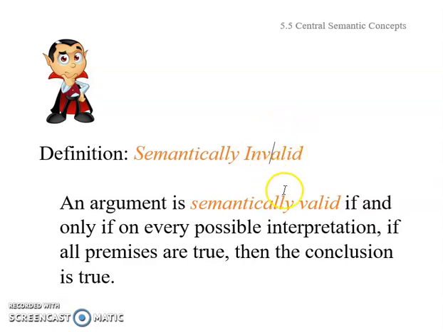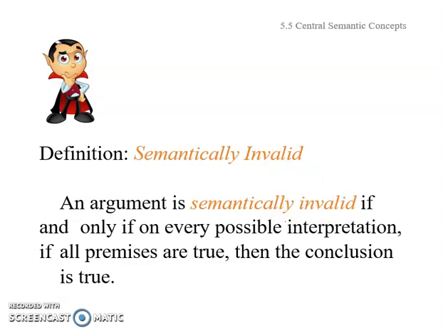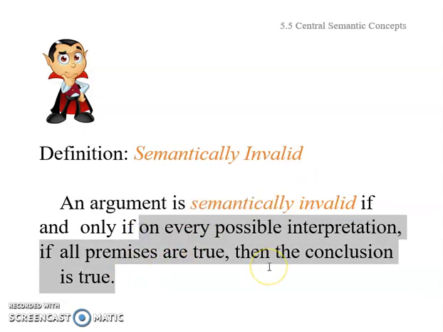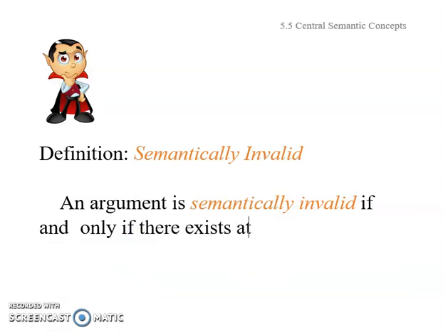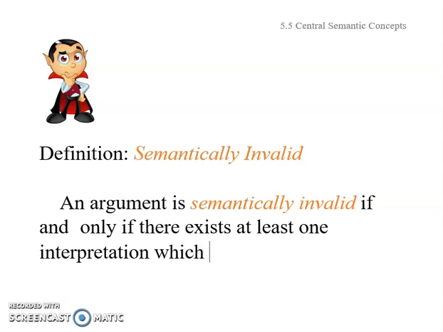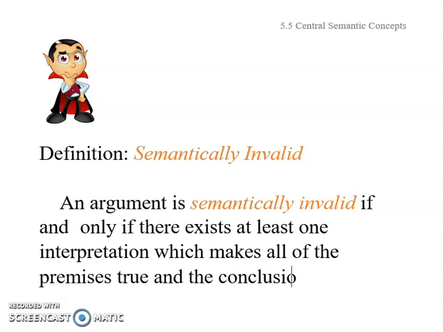Now recall from chapter 2, we said an argument is invalid if and only if it is possible for all of the premises to be true and the conclusion false. We're going to have a similar definition here: an argument is invalid if and only if there exists at least one interpretation which makes all of the premises true, all of them, and the conclusion false.